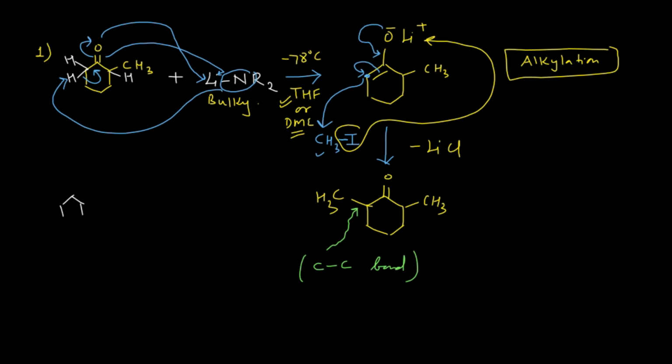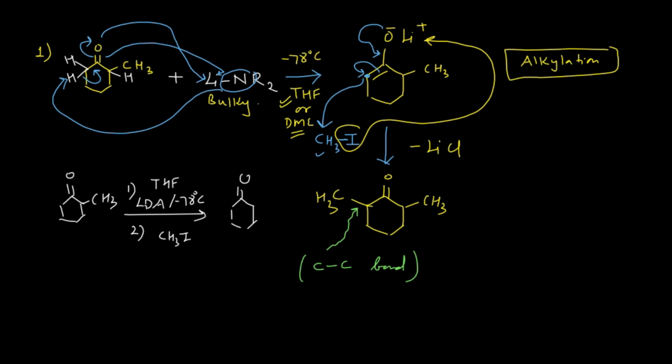Whenever you are having a carbonyl compound like that, and if you are doing this reaction with the LDA, and minus 78 degrees centigrade is there, and of course THF as a solvent, this is the first step, and in the second step you are taking, say, CH3I, then your product is nothing but the substitution of the methyl group on the alpha carbon which is less substituted.